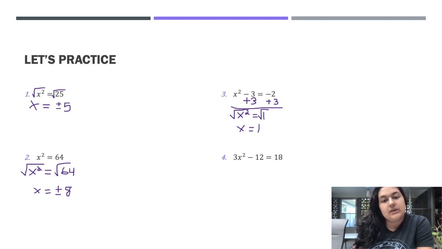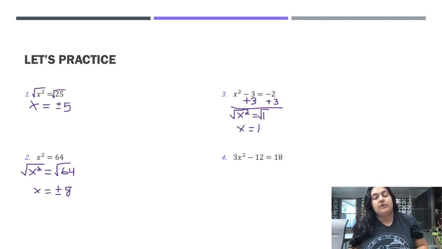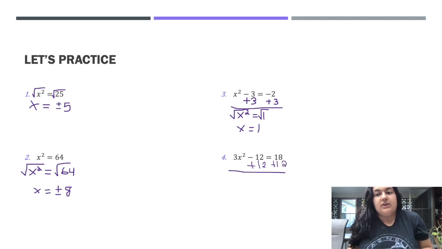Okay, our last problem is going to be 3x squared minus 12 is equal to 18. So again, first step, getting that variable by itself. So I need to move 12 over, that is minus 12, so I'm going to add 12 to both sides. So I should have 3x squared is equal to 18 plus 12. 18 plus 12 is 30. 3x squared is equal to 30.